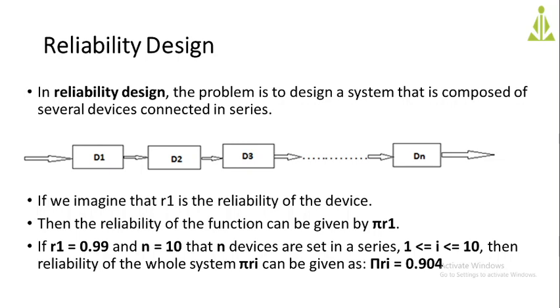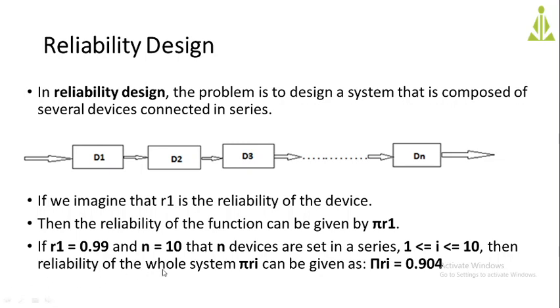And if we have n devices, like device 1, 2, 3, and so on till n, say 10, the n devices are set in series, where 1 ≤ i ≤ n. Whatever devices you have, we need to check the i as well as the r.